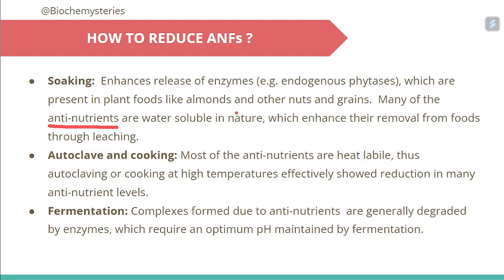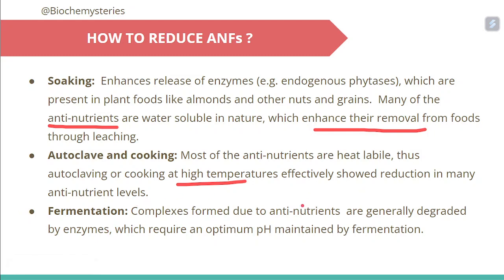Because we are soaking these in water, it will enhance the removal of these anti-nutritional factors from the foods through leaching. And cooking, obviously we are raising the temperature, and most of the anti-nutritional factors are heat labile, correct, so this high temperature will effectively reduce the anti-nutrient levels.